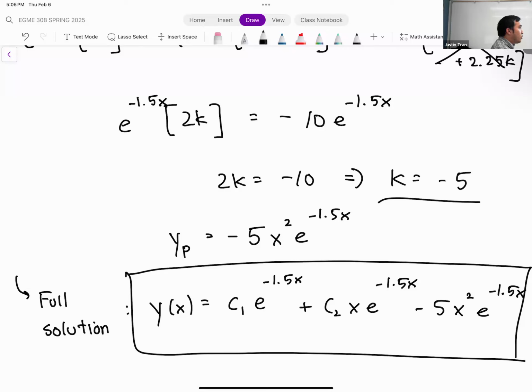Okay, so we'll talk about resonance next time. The last thing I want to do right now is show you how to actually apply initial conditions to this. If you're given a non-homogeneous problem with initial conditions, you have to wait until you have your full solution before applying those initial conditions. Let me show you how to do that first, and then when we come back on Tuesday, the first thing we'll talk about is resonance.